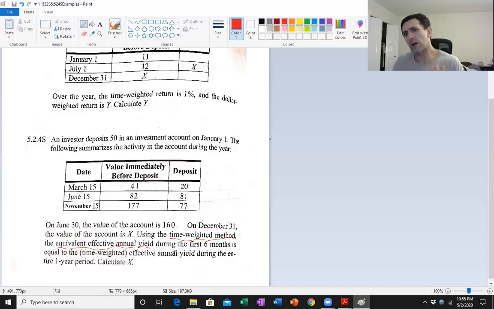So otherwise, the problem is fairly straightforward. Let's just record all of the time periods, the growth factors for each time period. Again, using the same formula we had before, the amount at the end of a period before a deposit or withdrawal divided by the amount at the beginning of the period after a deposit or withdrawal.